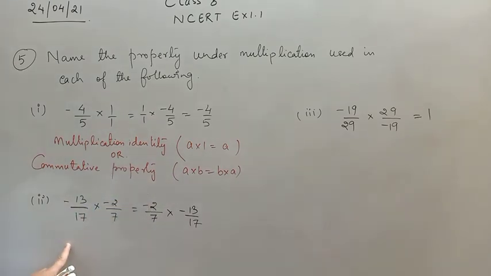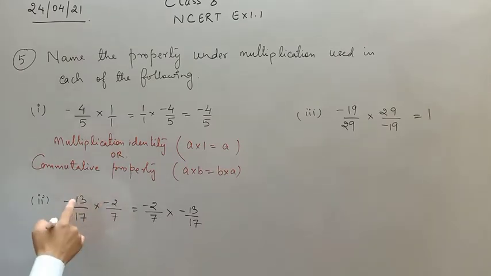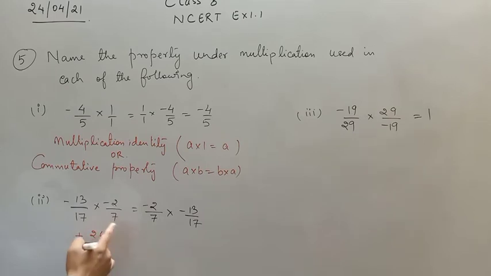Now the second example, minus 13 upon 17 into or multiply minus 2 upon 7. Now I just interchange the positions, minus 2 upon 7 and minus 13 upon 17. Okay, so minus minus plus, 13 twos are 26, 7 sevens are 49 and 11, right?